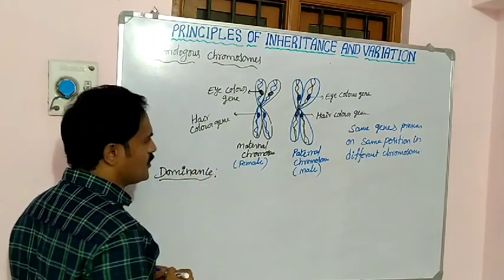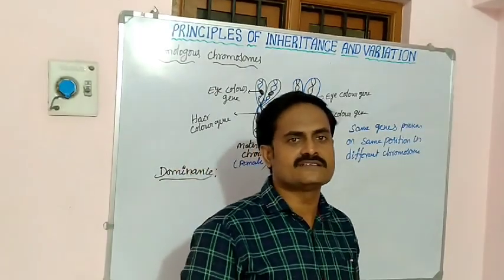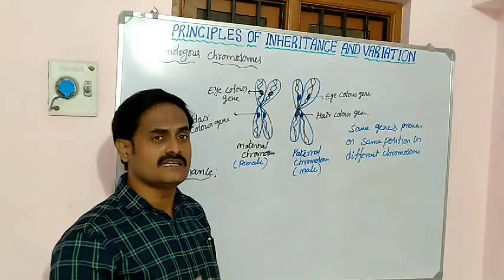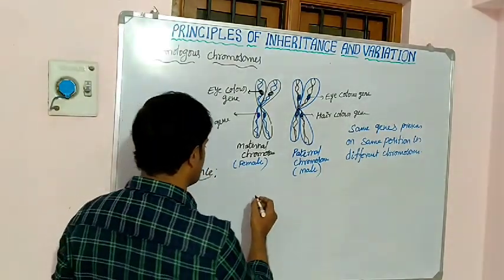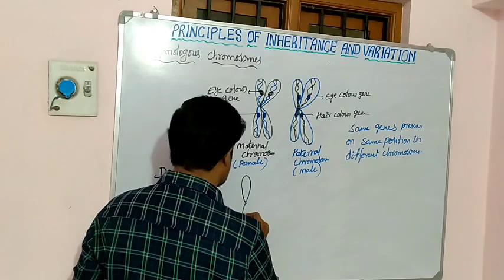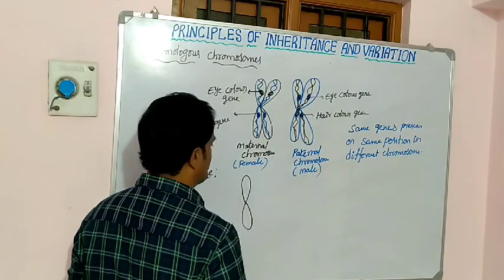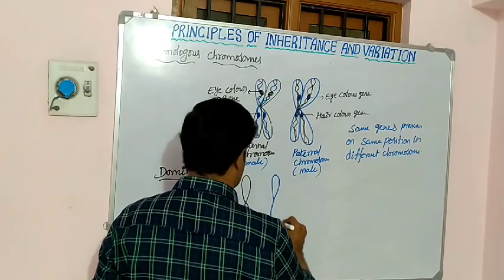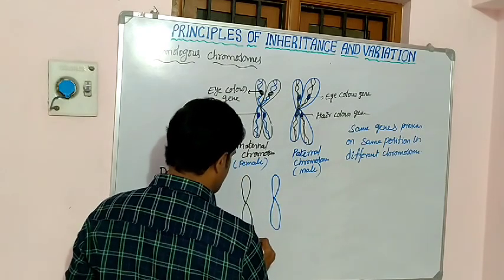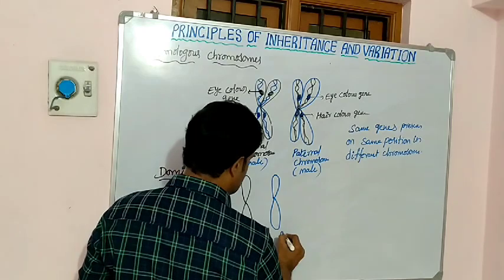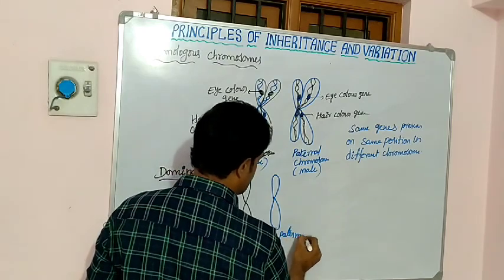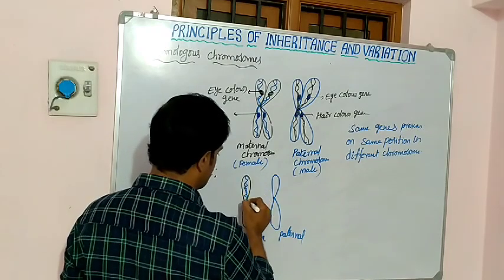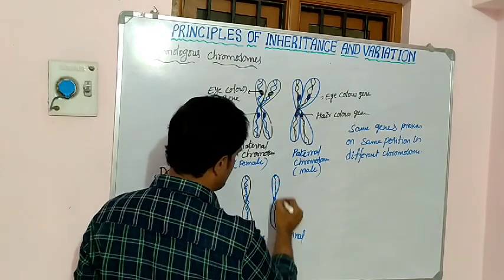What is dominance? Dominance means the expressed character. I will give an example. Suppose this is a maternal chromosome and this is the paternal chromosome. Inside the chromosome there is double stranded DNA like this.